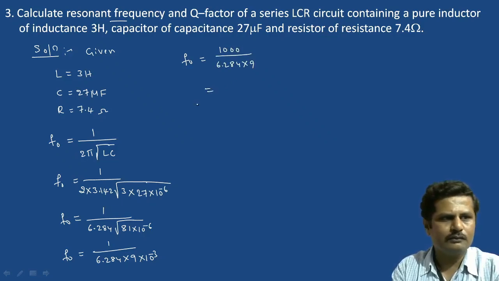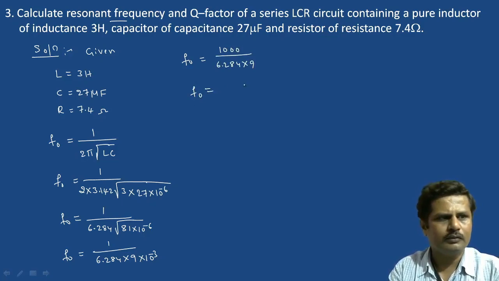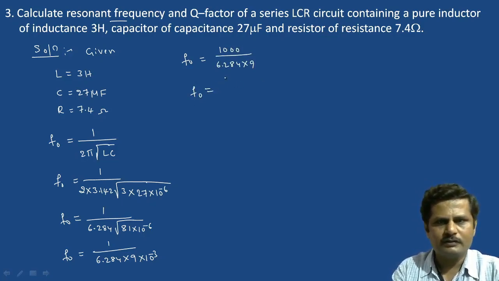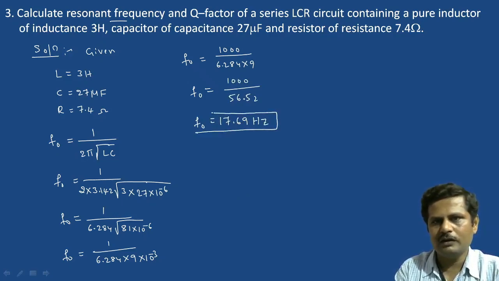This is equal to 1000 divided by 56.5. So we will get F naught equal to 17.69 Hertz. This is the resonant frequency of the series LCR circuit.